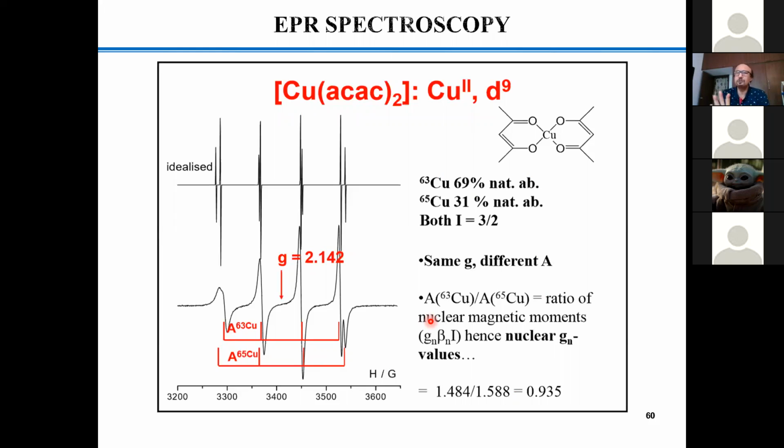But fortunately, all the values are available in the literature. You need not figure out what the nuclear spin of copper is, the 3/2, which is known in the literature for all elements. People have already done the job for us. But that is a difficult process to calculate or to figure out the I value.